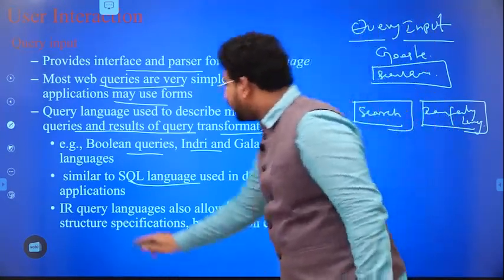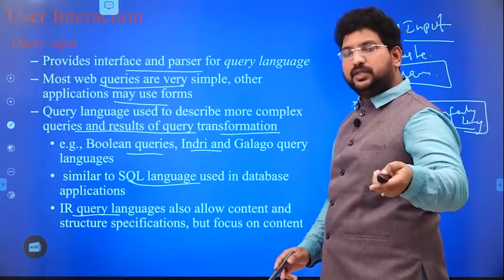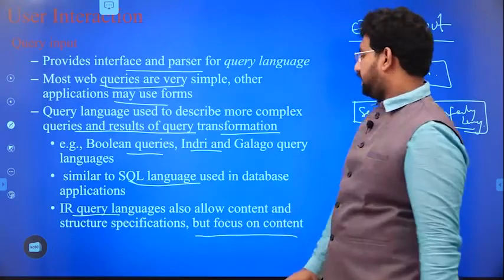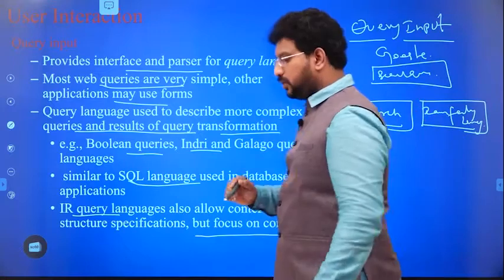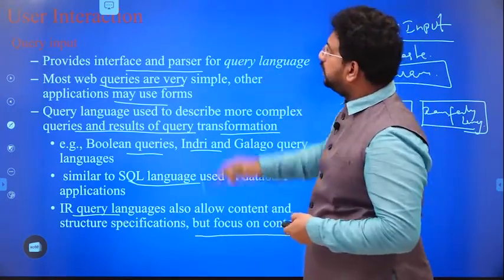Information retrieval query languages also allow content and structure specification, but focus on the content. So with the query input, you are able to provide the input for the search engine.